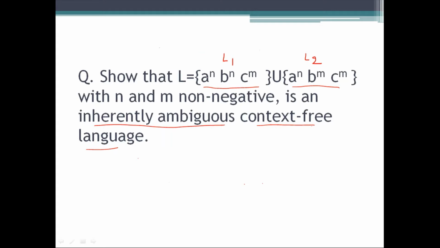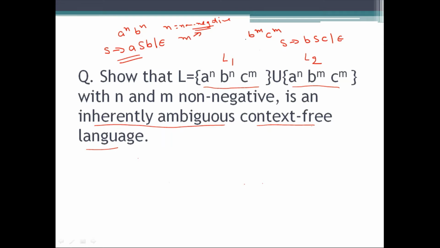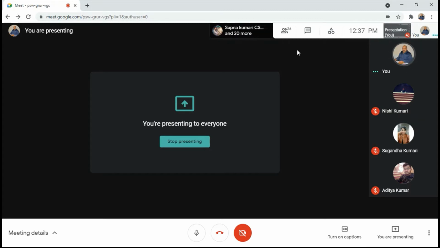If the language is a^n b^n, with n a non-negative integer, 0 or more, we have seen this. And b^m c^m, again, if m is a non-negative integer. We have seen this grammar earlier also.